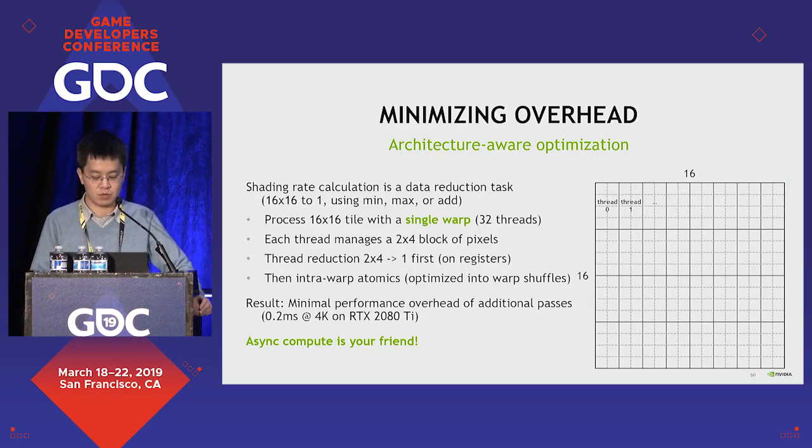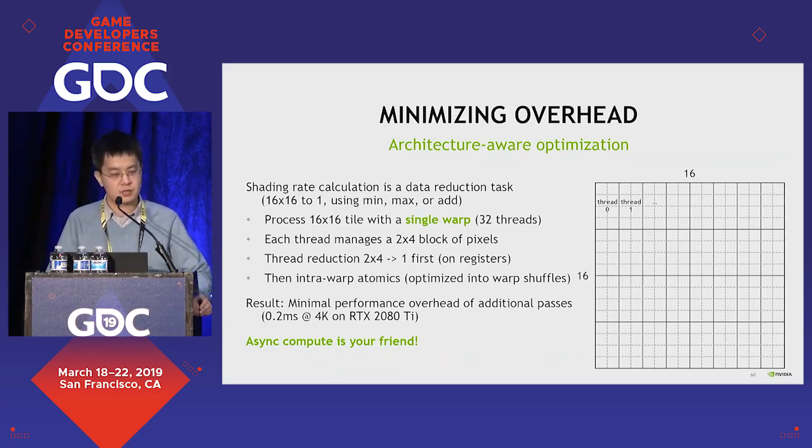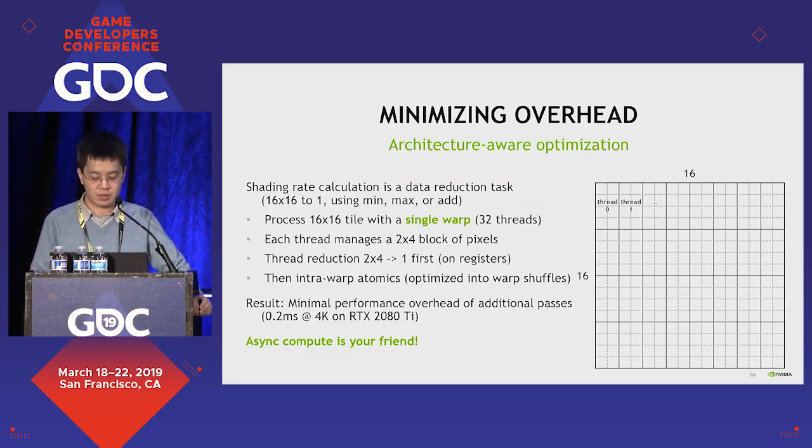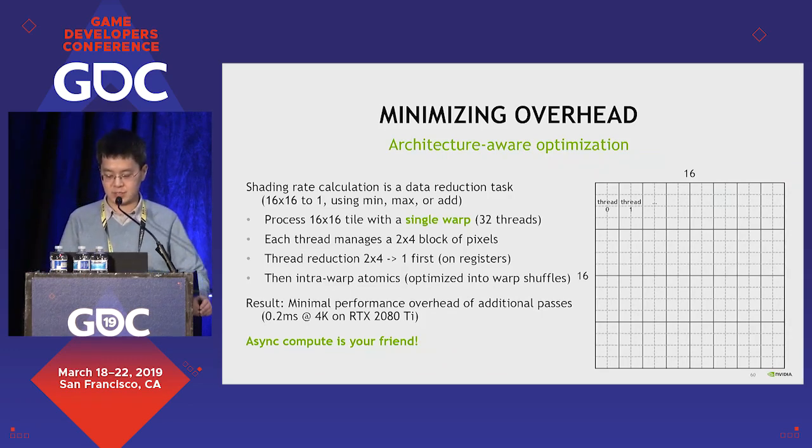Each thread in the warp manages a 2 by 4 block of pixels, like what I'm showing on the right. And within the 2 by 4 blocks, each thread just does the reduction operation on registers. And then among all the threads, reduction is done with atomics, which our compiler would happily optimize into intra-warp shuffle instructions. This avoids the expensive global memory or shared memory atomics.